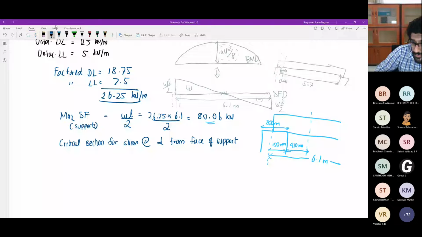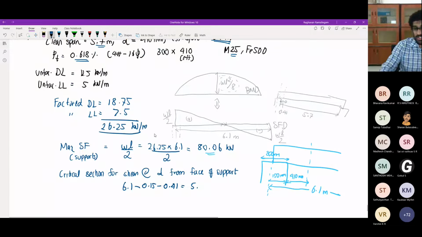How much is it? 5 point how many meters? The support width, 300 mm, was given in the question; I forgot to write it. So 5.54.